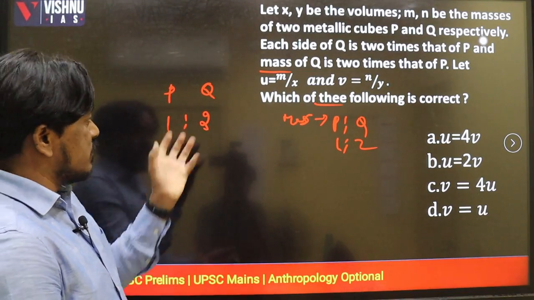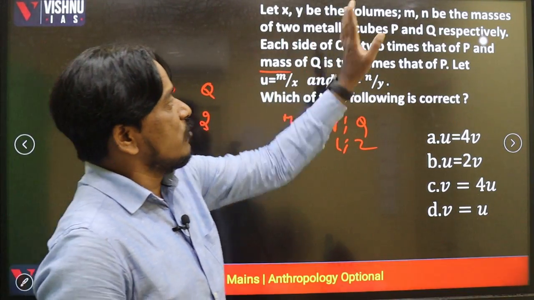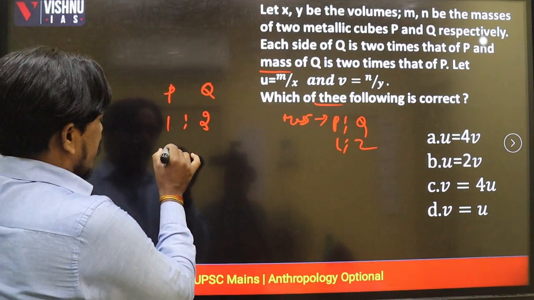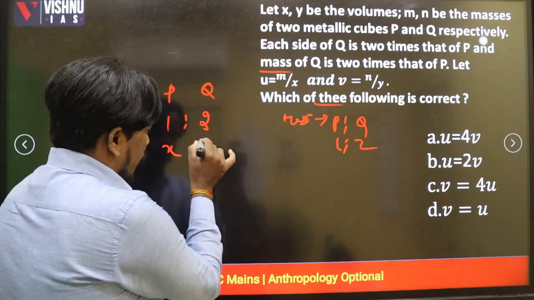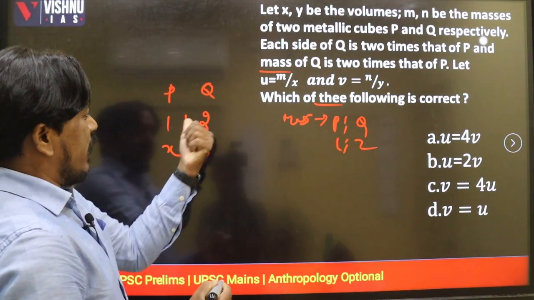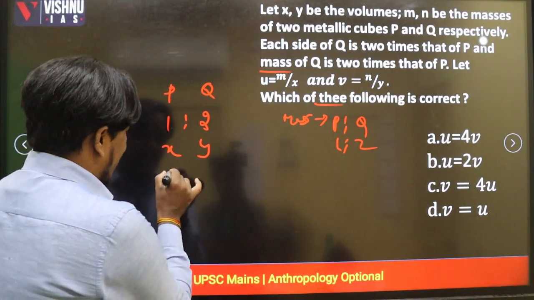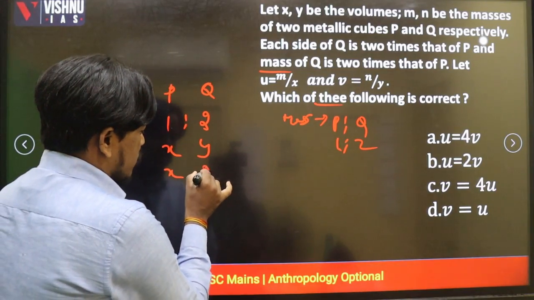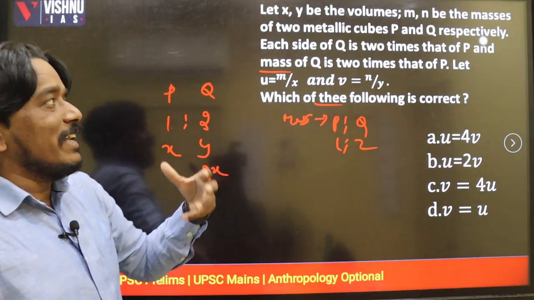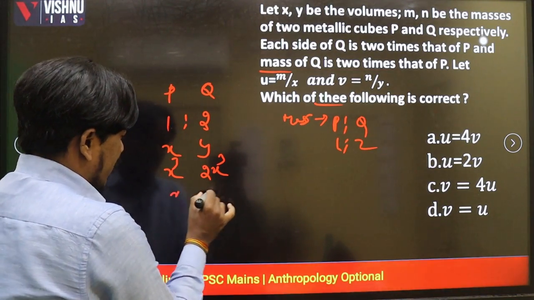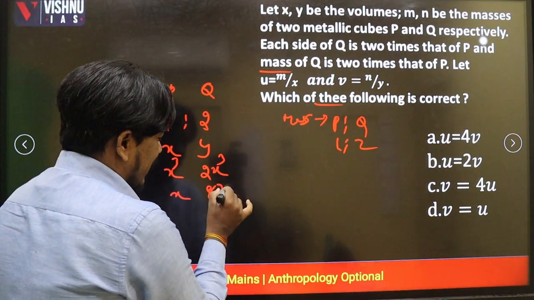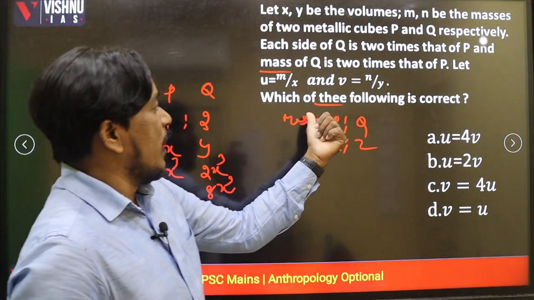Now in this ratio, x and y are the volumes. If you take x for P, then for Q it is 2 times. Since we take a cube, the volume of P is 1x and for Q you get 8x, that is 2 cubed, 8 times.